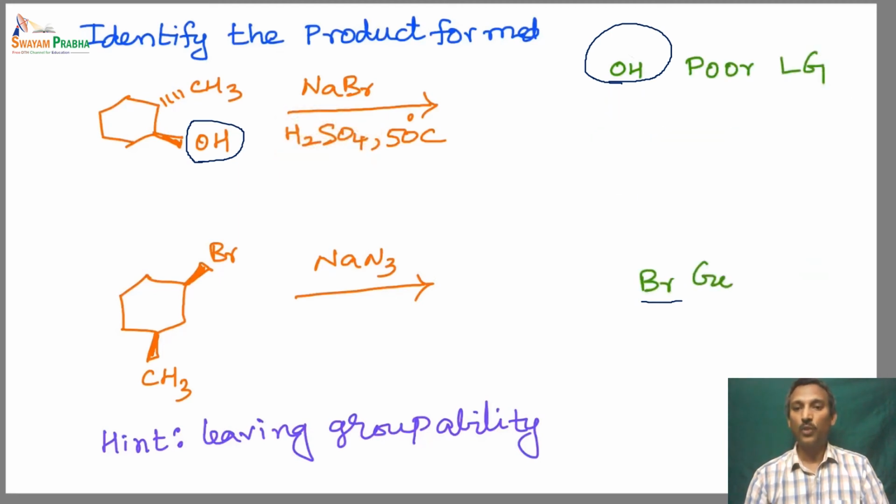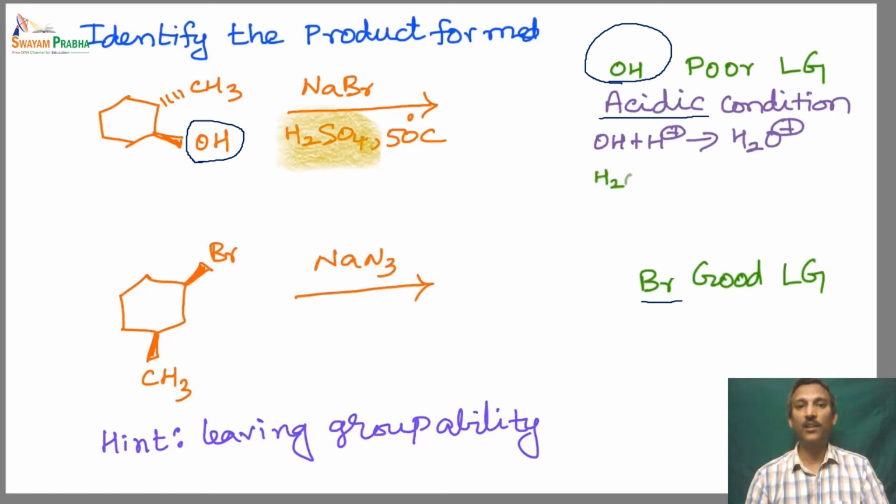Now, there is one particularly important piece of information given here, which is the acidic condition. So under acidic conditions, what can happen? The protonation of this particular hydroxyl is possible. That is what is written here: OH plus H plus gives H2O plus. Compared to OH minus, which is a poor leaving group, the H2O plus is a very good leaving group.